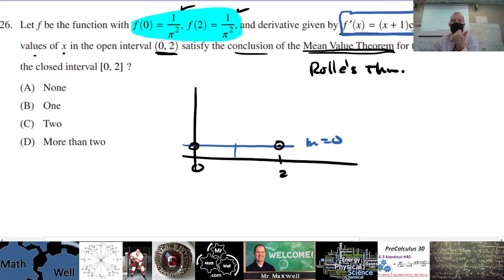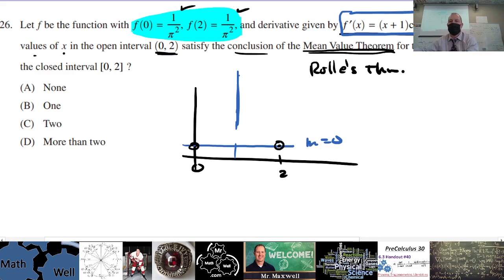Are there any restrictions for x on the derivative? If the derivative was undefined, like a vertical line, that would represent some kind of asymptote on the original function, because we don't have the original function here. We just have the derivative. So any value for a derivative is okay except for when it's undefined.